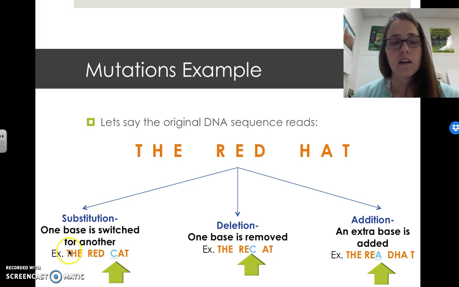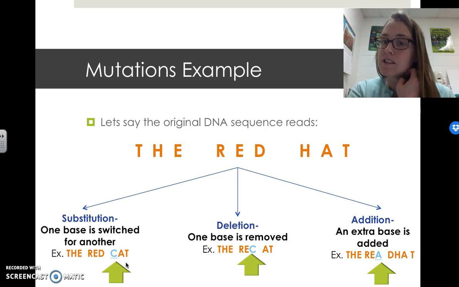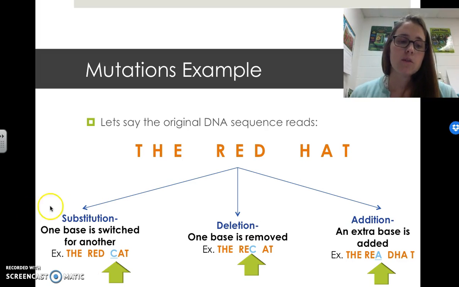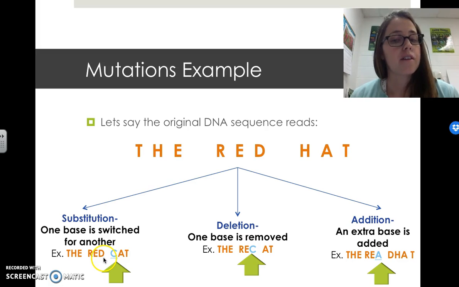So here, the red, and instead of the H, we switched it for a C, cat. So now that changes the meaning, okay? A substitution changes the meaning of it, which can change the type of protein that's made, or change the way we pair it up. It can change the way things fold. So a substitution is when one base is switched for another.